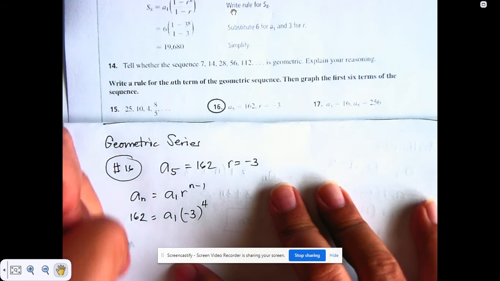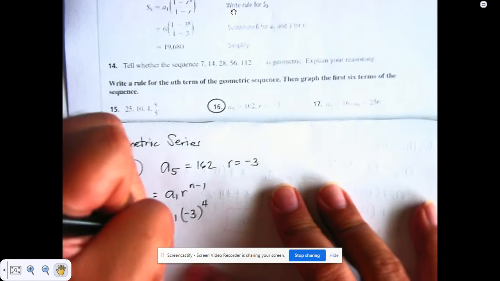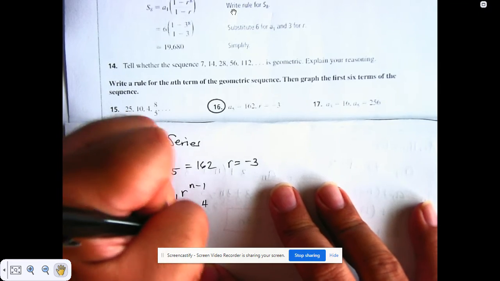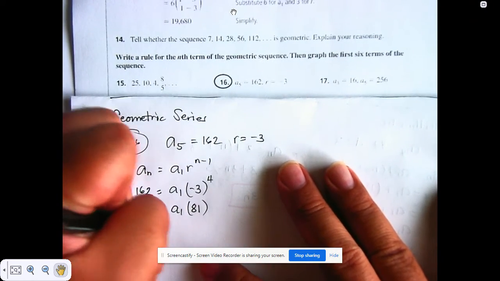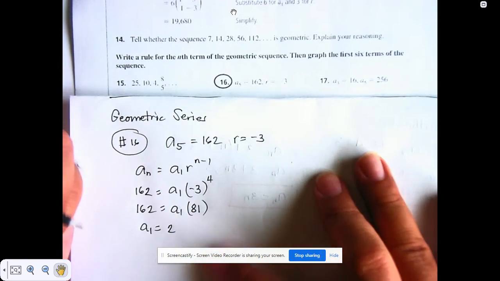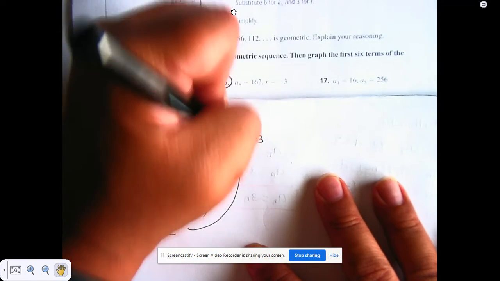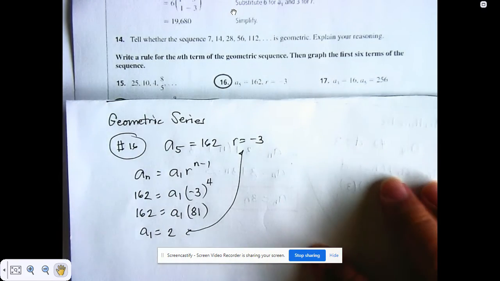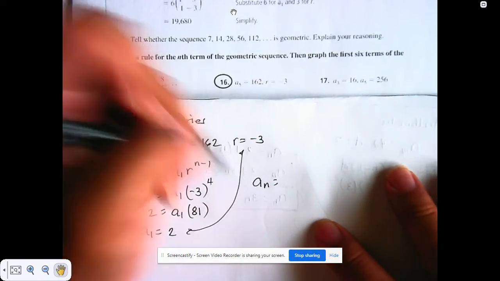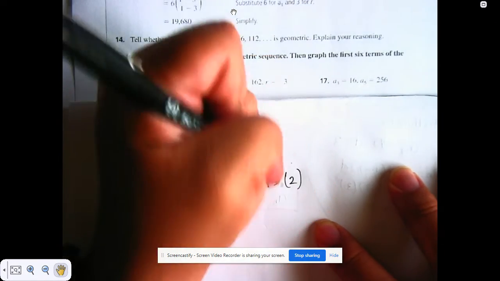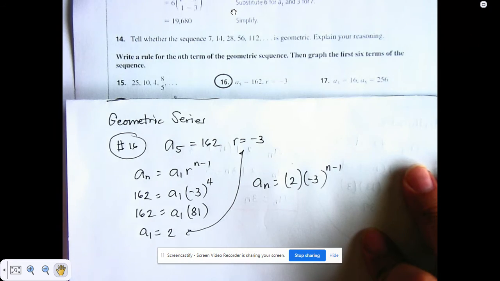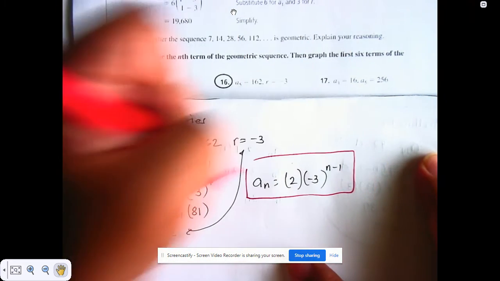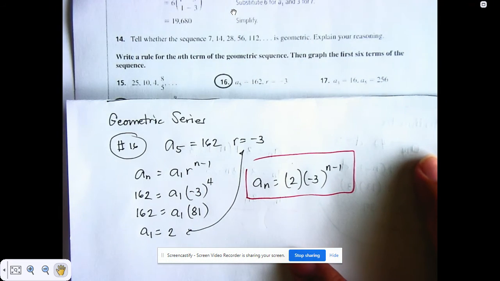So we get 162 equals a sub 1 times 81. If I divide both sides by 81, I get a sub 1 equals 2. So I have now my 2 and my r, right? Therefore, a sub n is equal to 2 times negative 3, which is your r, raised to the n minus 1. Final answer. That's number 16.